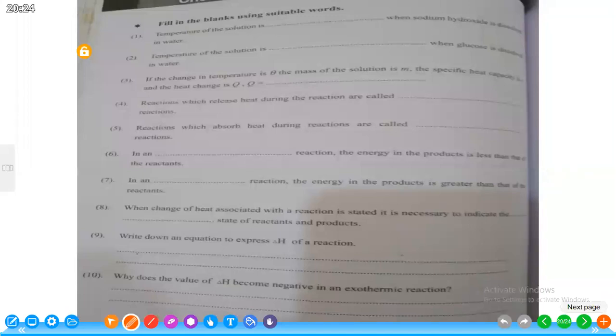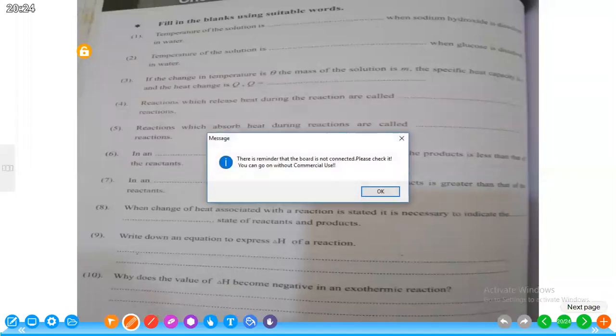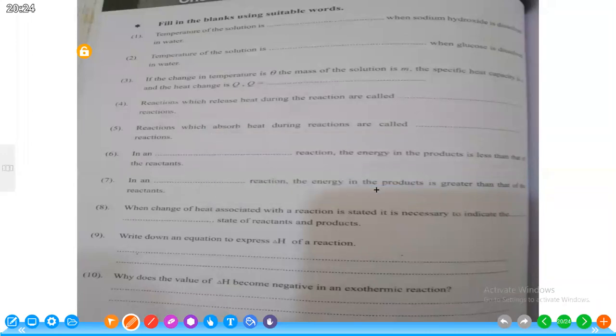And these are the questions for you, so fill in the blanks with a suitable answer. The temperature of the solution is dash when sodium hydroxide is dissolved in water. At that moment, increase. The temperature of the solution is dash when glucose is dissolved in water: decrease.